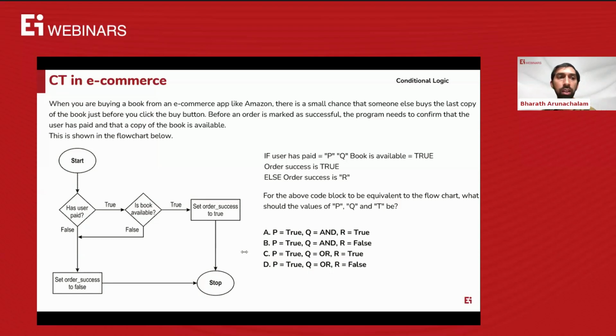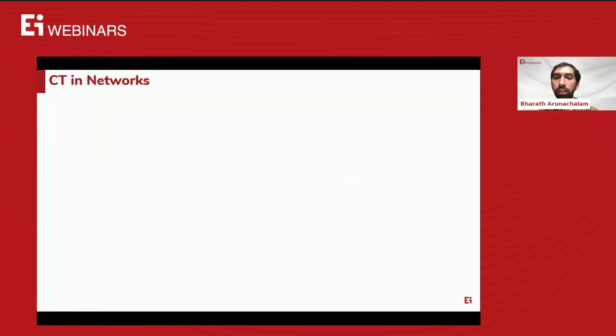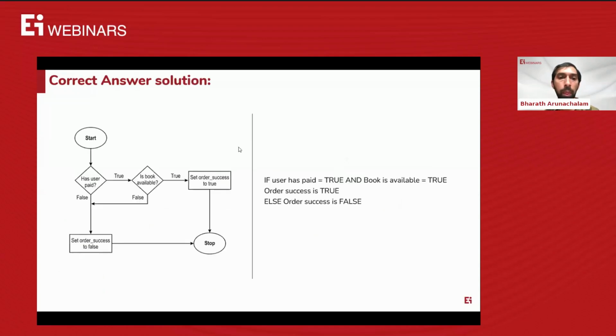I think we can reveal the results. All right. Most of you have thought it is option C. So let's look at the answer. Yeah, so it has to be true and false.